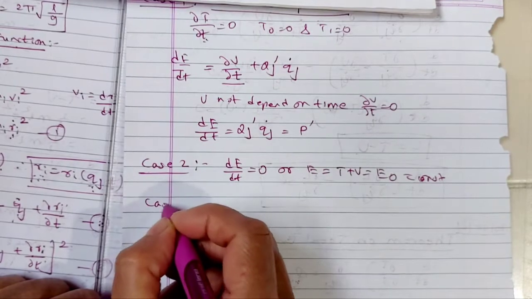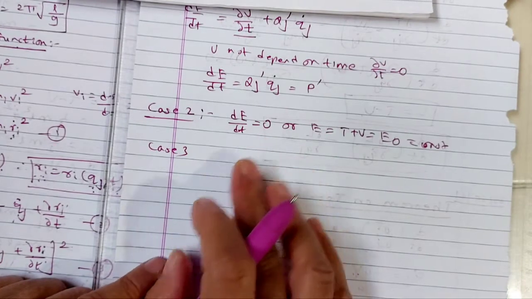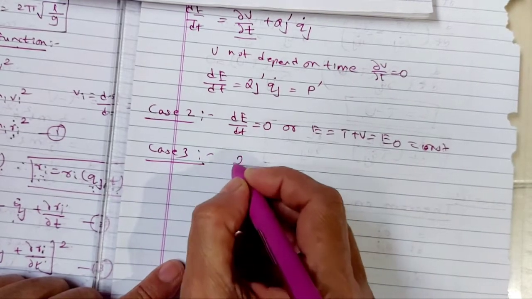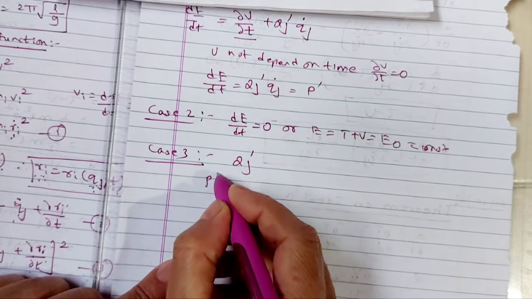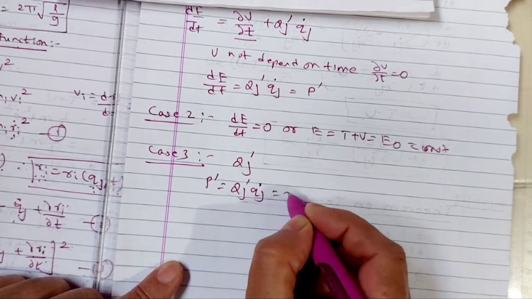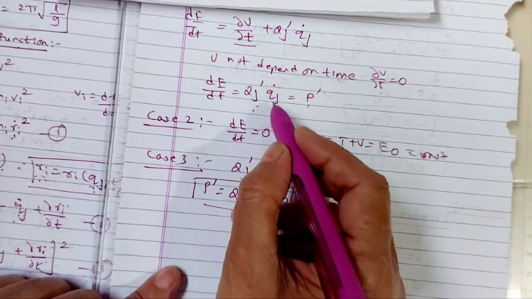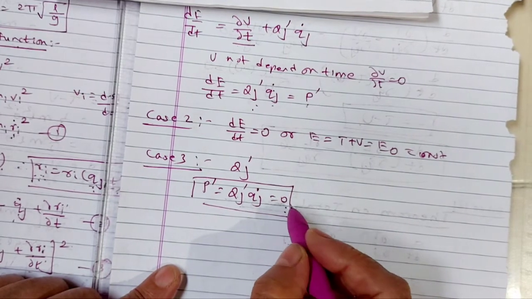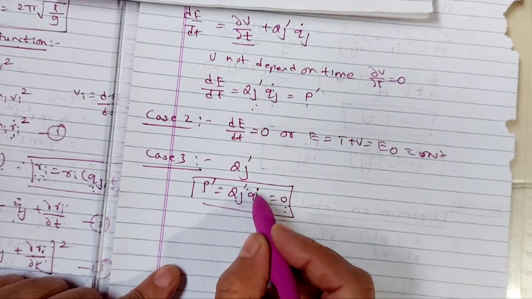Next, case number 3. Case 1 was for no time dependence, case 2 was the conservative system, and case 3 is the systems for which Qj' exist. Which means this value P', which we mentioned is Qj' qj dot, is equal to 0. If that is 0, at least some Qj' must be non-zero, but the above term has to vanish.